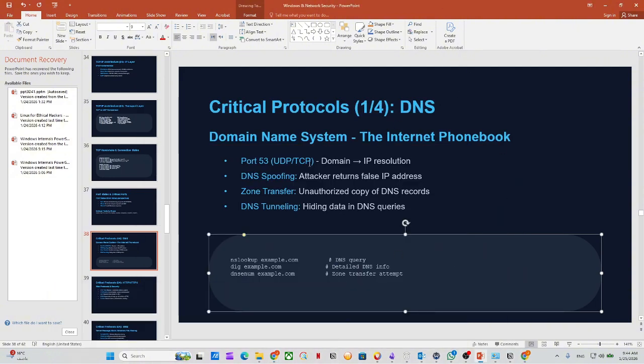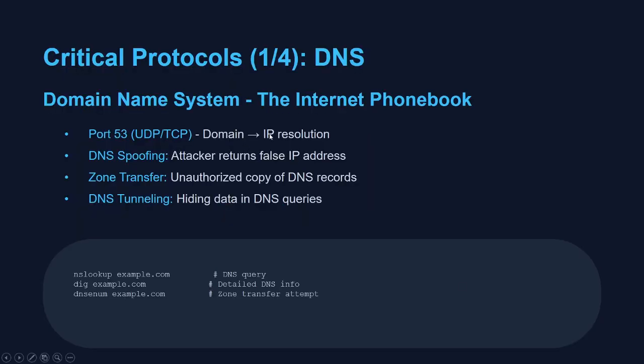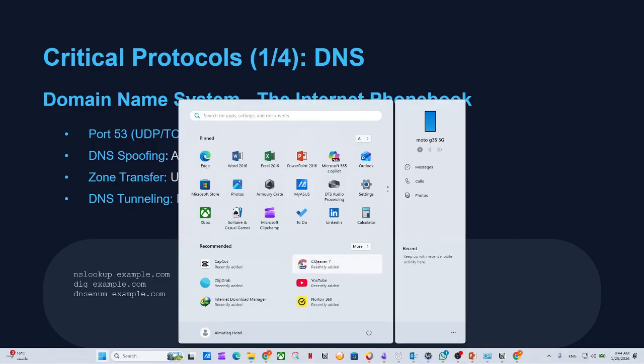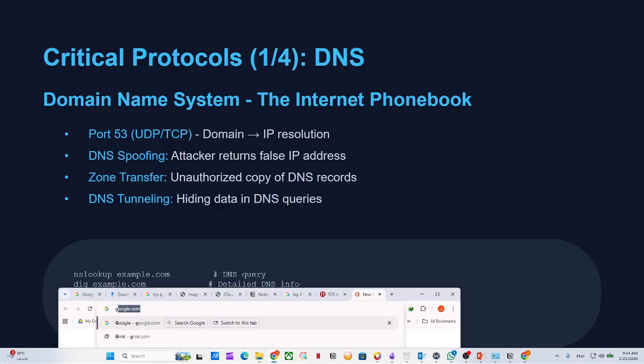DNS is what you need to understand. It uses port 53 and is used to translate a domain name to an IP. Let me show you an example. Let's say that I want to go to Google.